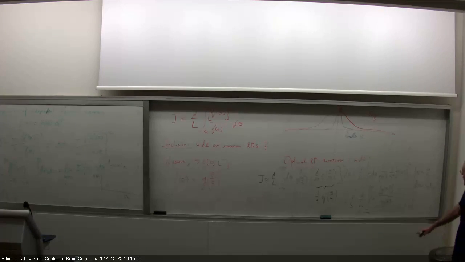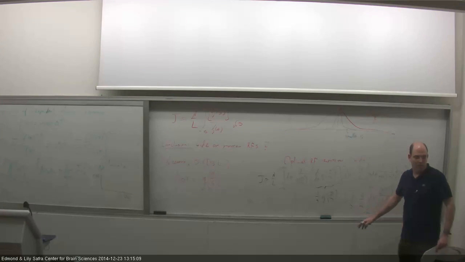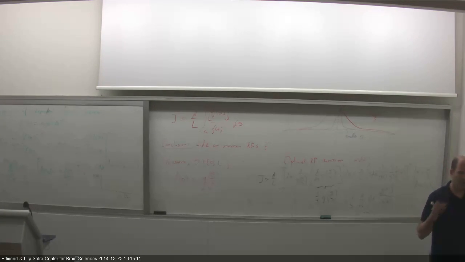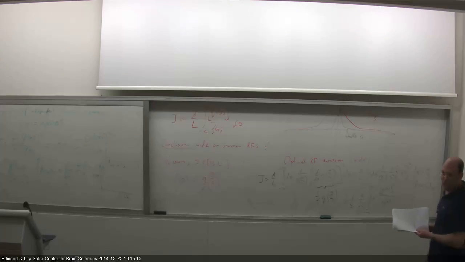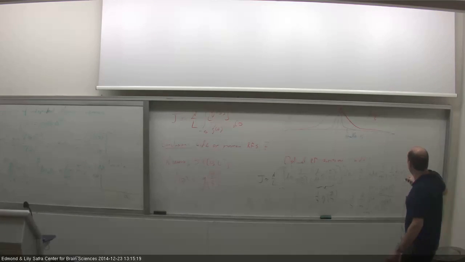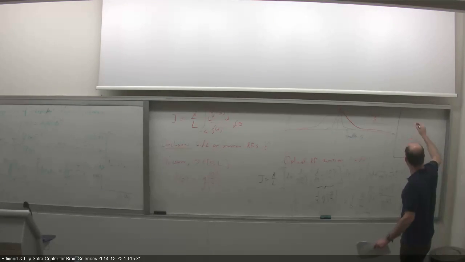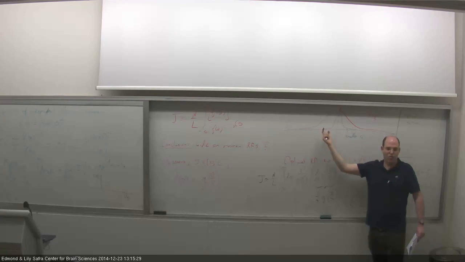But everything written here is independent of s. So if I want to make the Fisher information as large as possible, what do I want to do? Make s as small as possible. So the conclusion is that for the optimal s, in principle, I would want to make the receptive fields narrow, infinitely narrow.